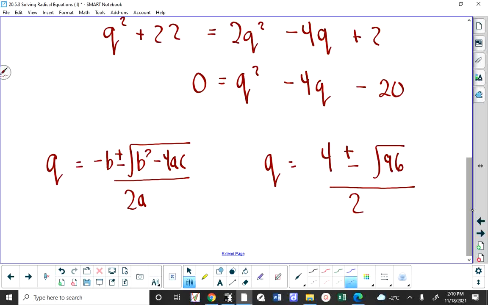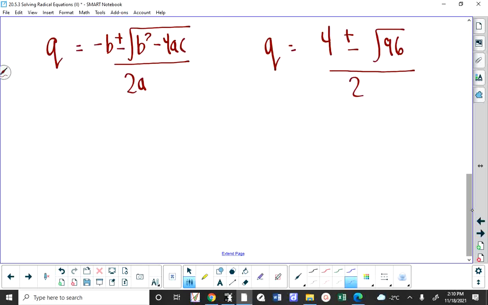96 is divisible by 4. I think it might also be divisible by 16. If you simplified root 96 by extracting the 4 as a 2 outside, then you would be left with 24 inside, which you would then say I can continue to extract another 4 out.